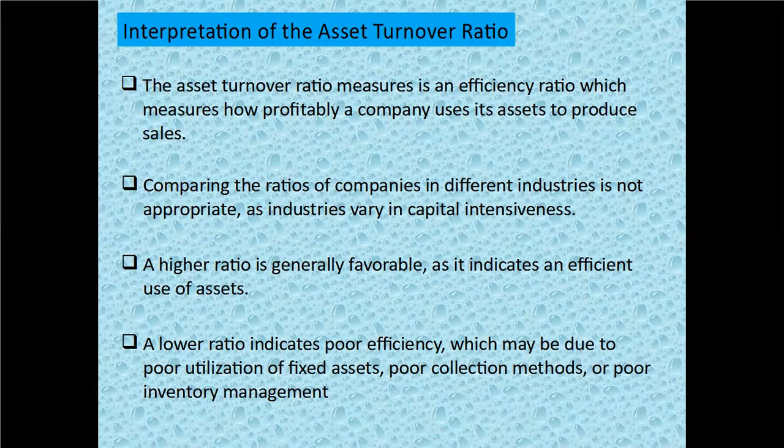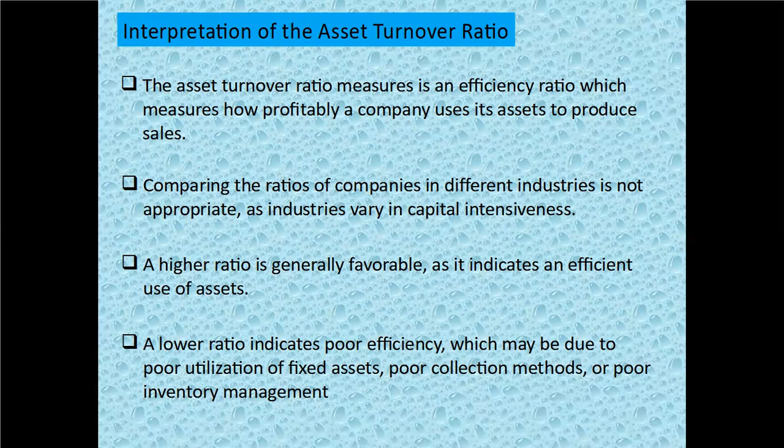Again, comparing ratios from different industries won't make sense, because it varies a lot, and it is heavily sensitive to capital intensiveness. So that's something to be taken into consideration.